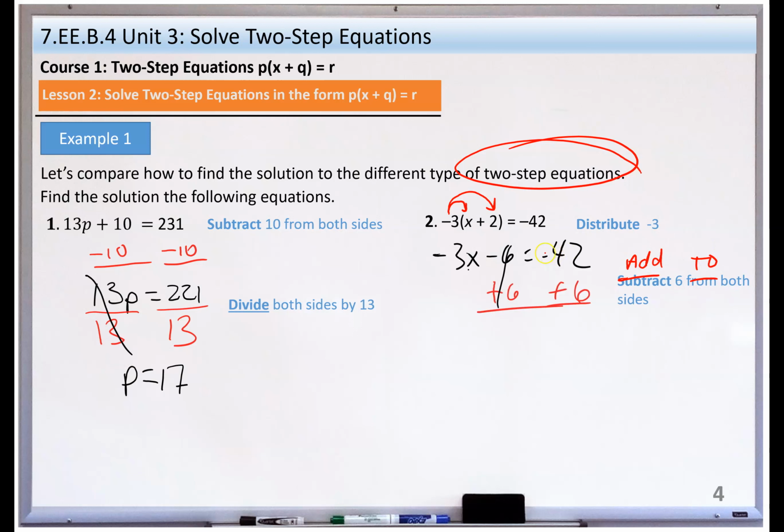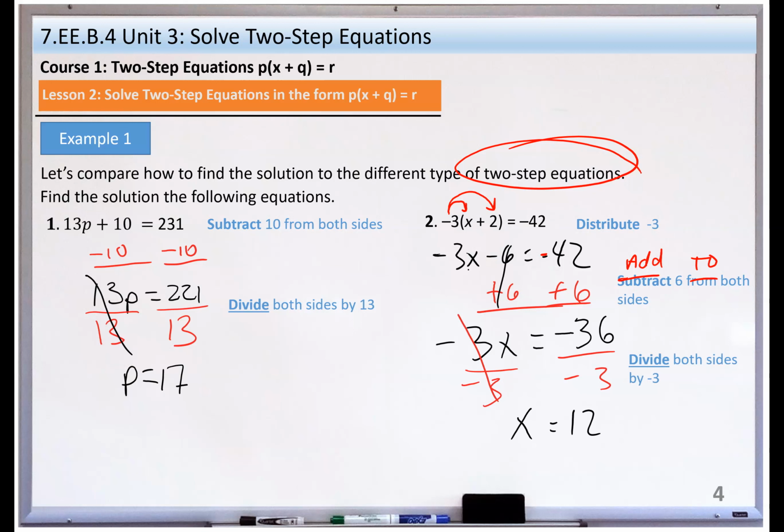Remember, I'm more negative here, so my answer has to be negative. My signs are different. I subtract and keep the negative sign because it's the largest absolute value. Negative 3x equals negative 36. Now I'm going to divide both sides by a negative 3, and I get 12 because a negative divided by a negative is positive.